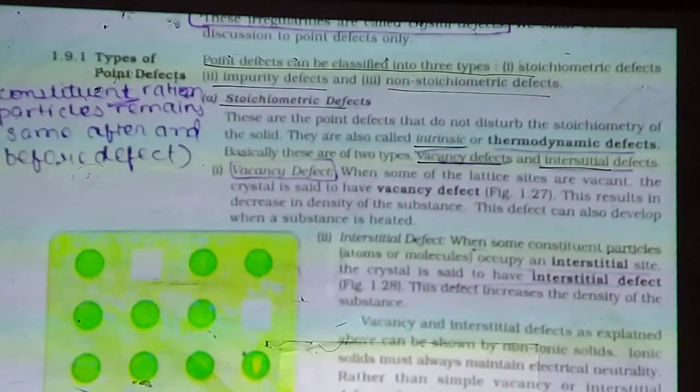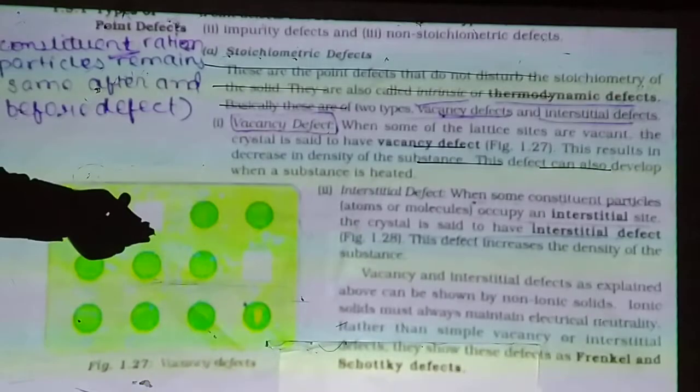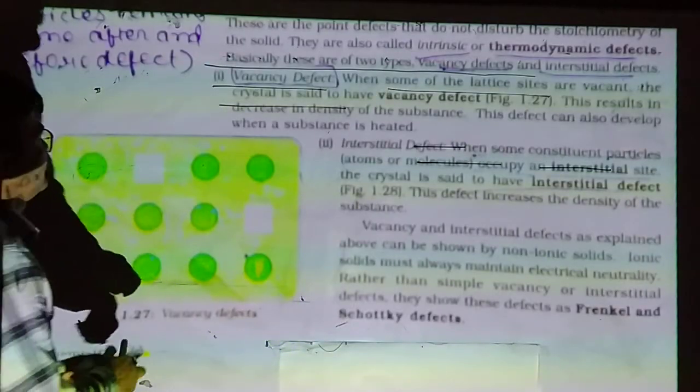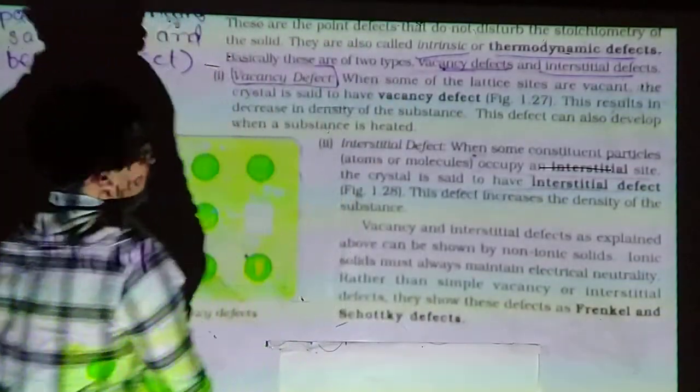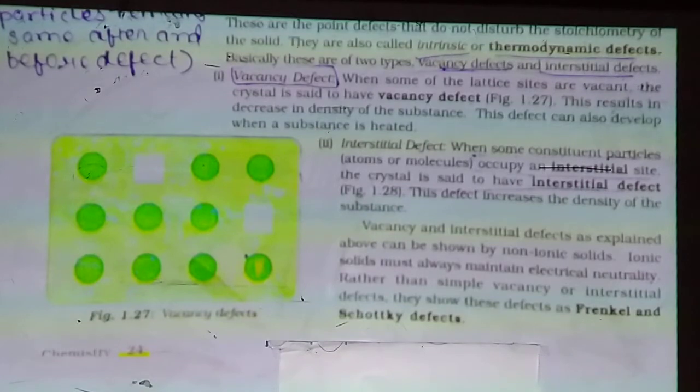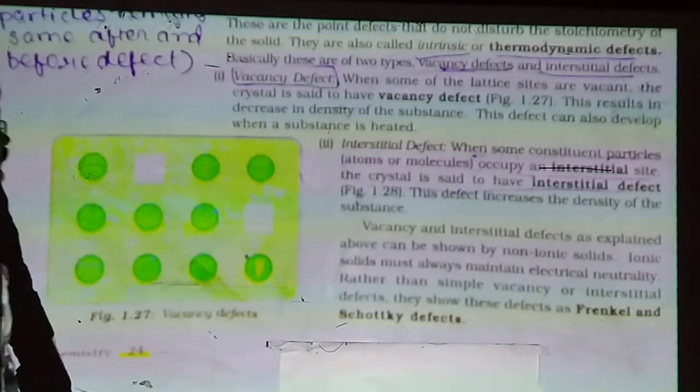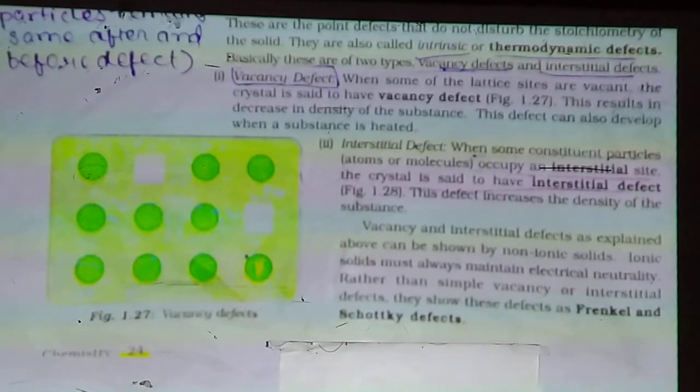Another two names of stoichiometric defect are intrinsic or thermodynamic. So one by one, first the vacancy defect. When some of the lattice sites are vacant, the crystal is said to have vacancy defect.